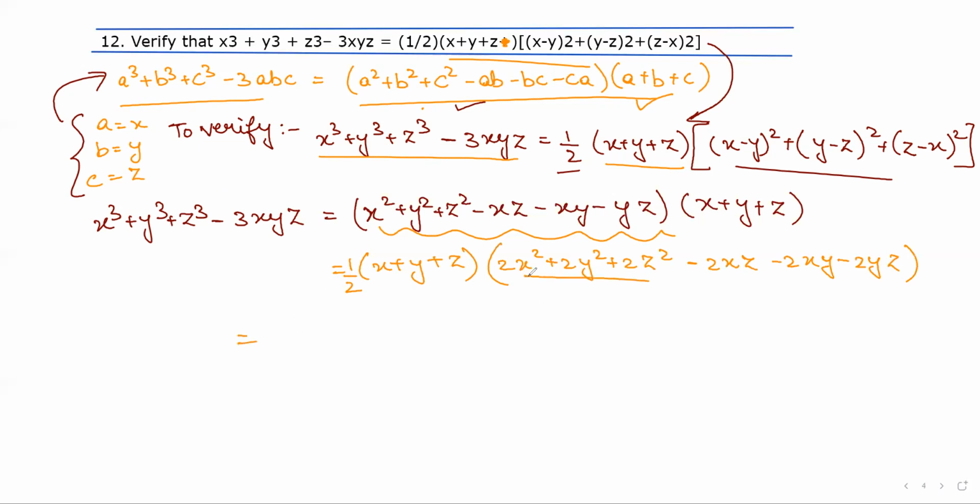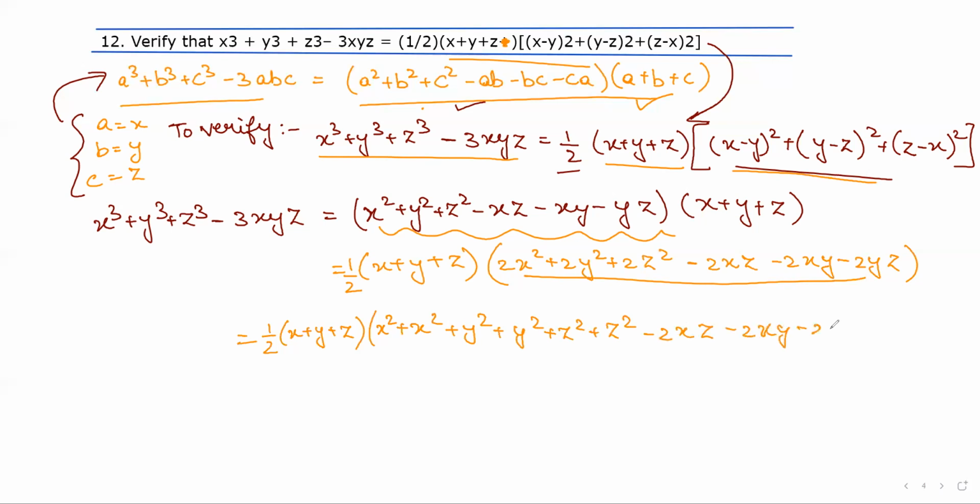Now all you have to do is rearrange this bracket so that it looks something like this bracket. 1 by 2 x plus y plus z. Now I'm writing 2x square as x square plus x square. X square plus x square plus y square plus y square plus z square plus z square minus 2xz minus 2xy minus 2yz.